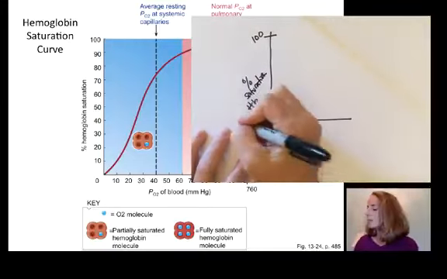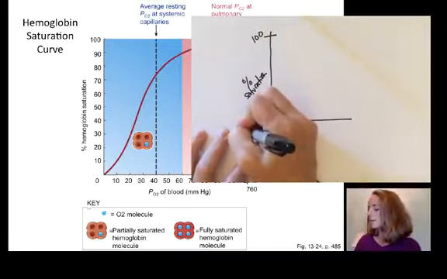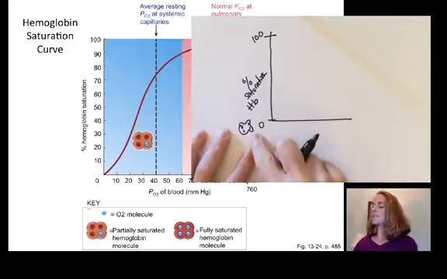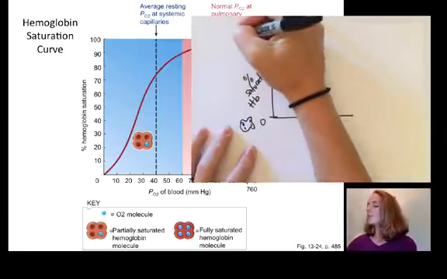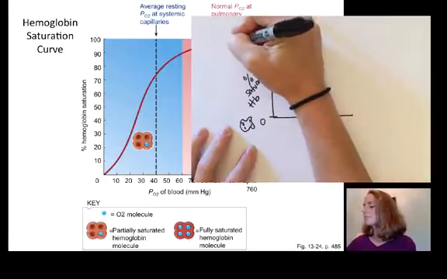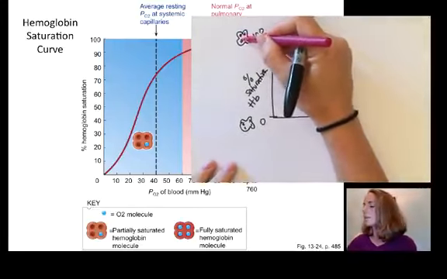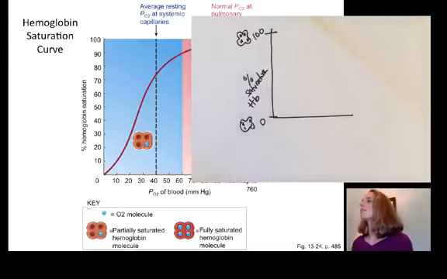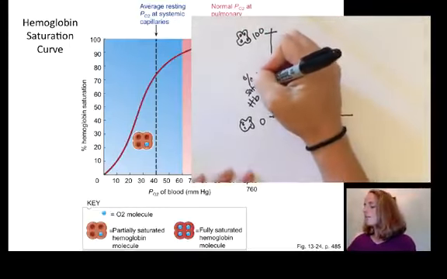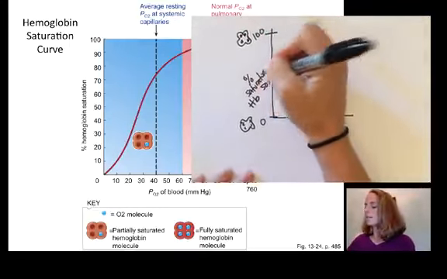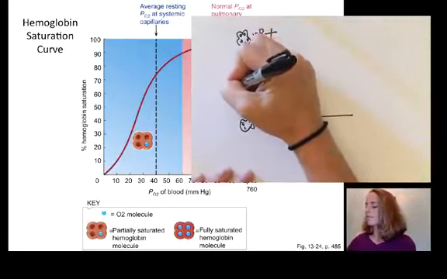So what 0 means is that all 4 subunits of hemoglobin are empty. 100% saturation means that there is oxygen in all 4 subunits. So hemoglobin is full at 100% saturation. So what would 50% saturation be? Here's our 4 subunits. How many do we have?